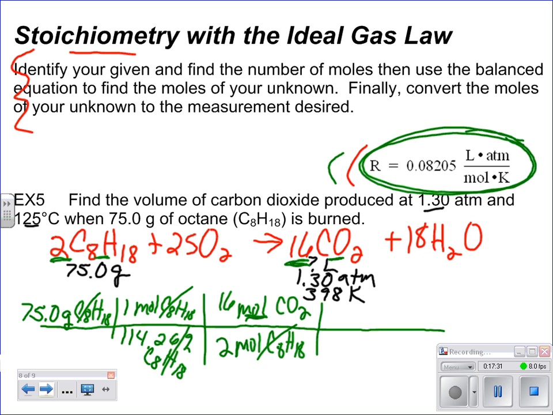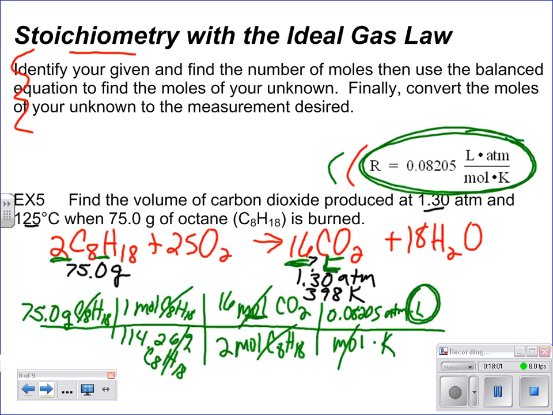So I want to go ahead and have my 0.08205 atmospheres liters over mole Kelvin. I did this for a couple reasons. One of the main reasons being that I wanted my moles to cancel. The other reason being I wanted to look for my liters, my volume. That's what it was asking me for right here. So because of that, I want that in the numerator.